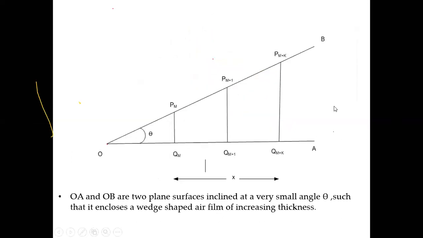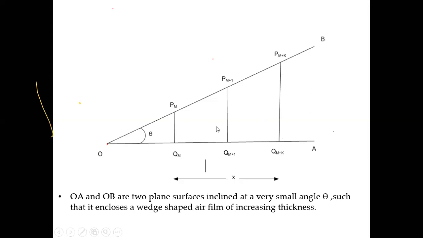Let us look at the geometry of this air wedge, in which one of the glass plates, which is horizontal, parallel to the table, be marked as OA. The other glass plate, which is inclined at an angle theta, be represented as OB. Let this air film so formed have increasing thickness.